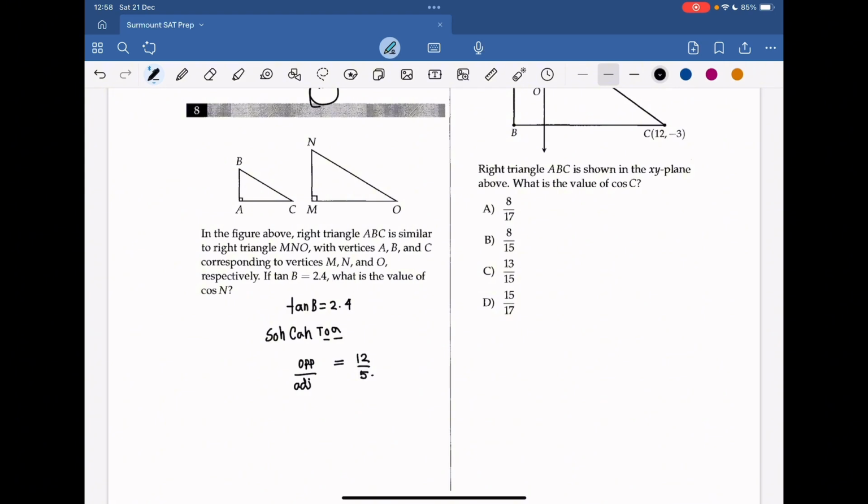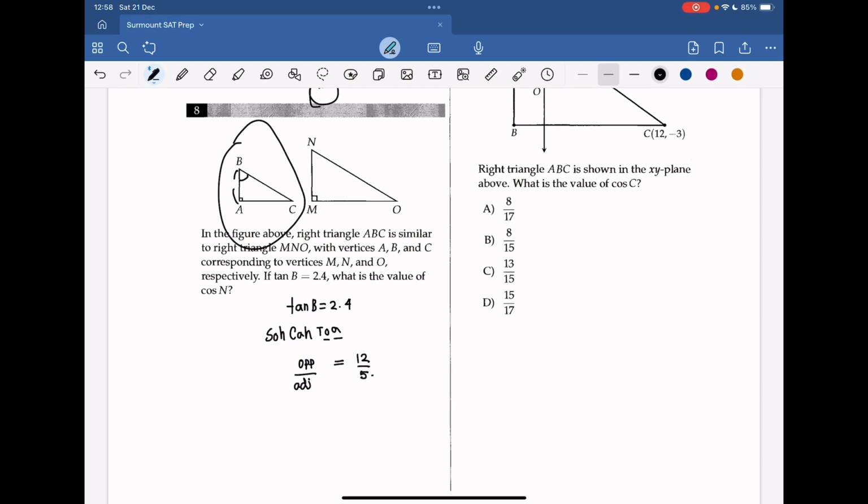Now let's look at our smaller triangle here, in terms of the B angle. The opposite of the B angle is the side AC, and AB here is our adjacent side.